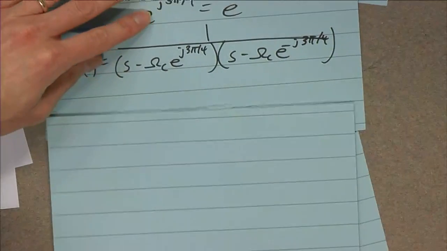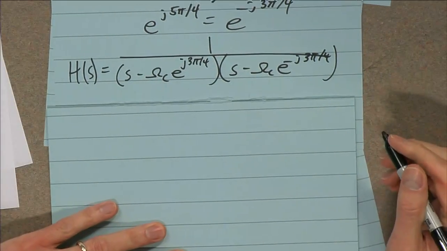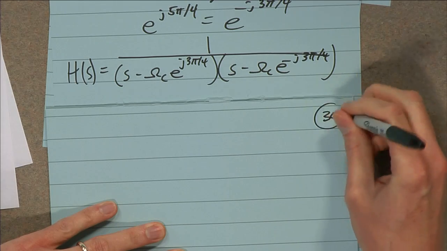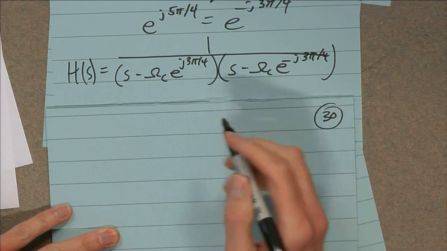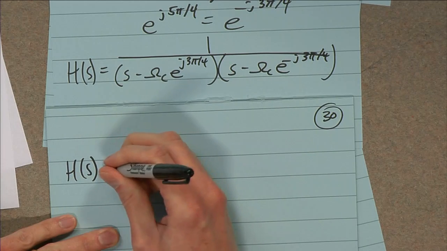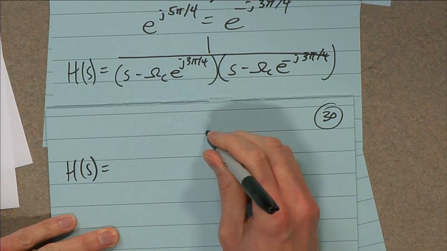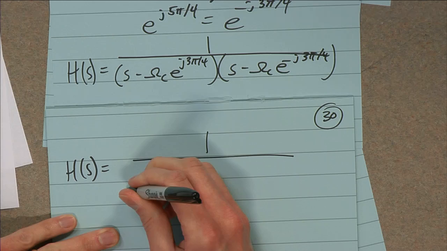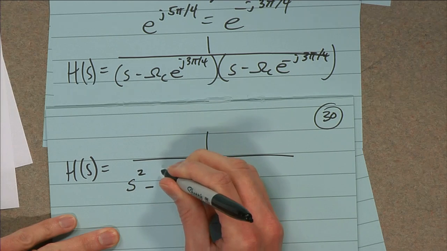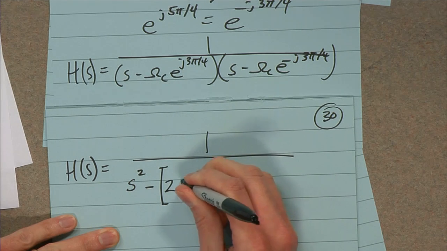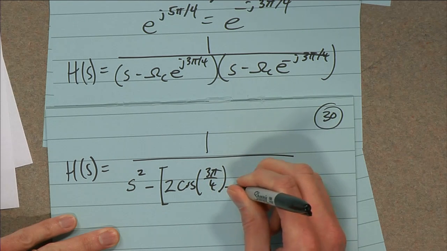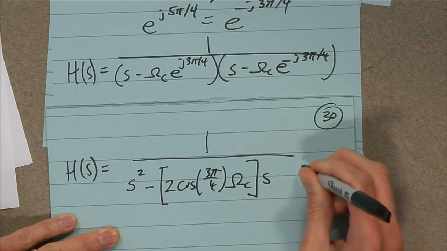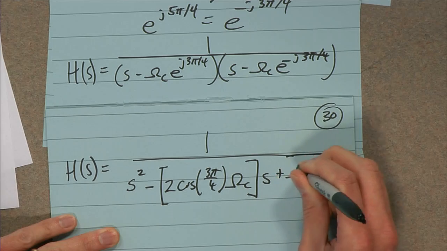So now we are almost home. We just need to simplify this. And if we multiply this out and simplify it using the Euler relations, which I hope you can see are going to come into play, we'll end up with s squared minus 2 cosine 3 pi over 4 omega c s plus omega c squared.